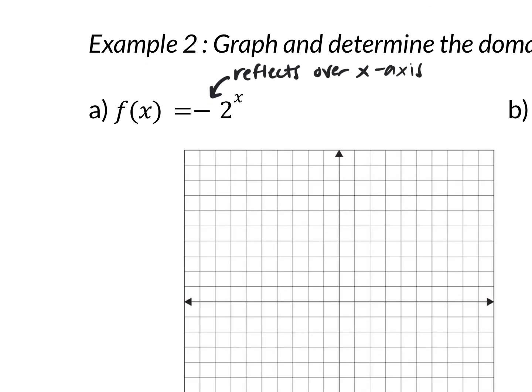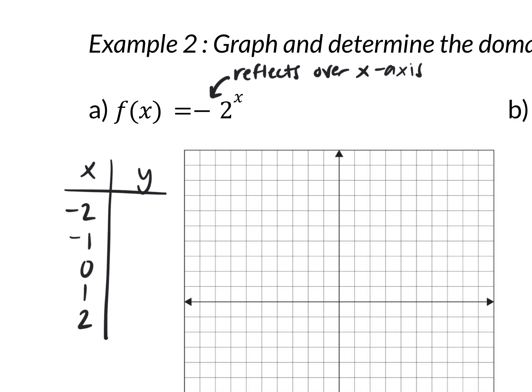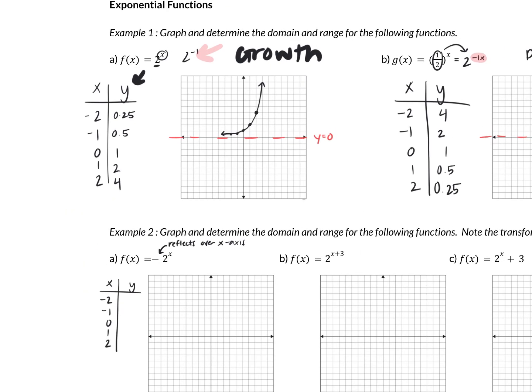Okay, so if I make my table here of x and y values, I'm plugging in -2, -1, 0, 1, and 2. And then again, instead of having to actually plug in those values, let's think about our parent function here above.